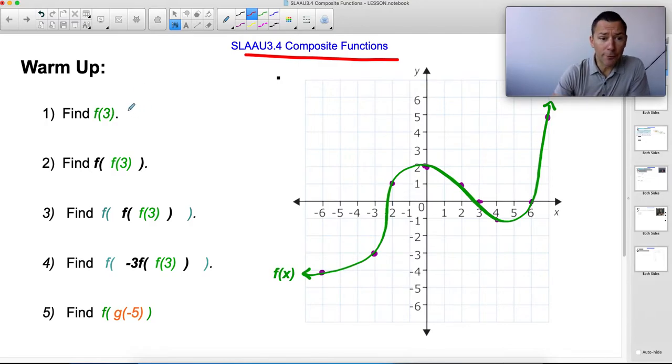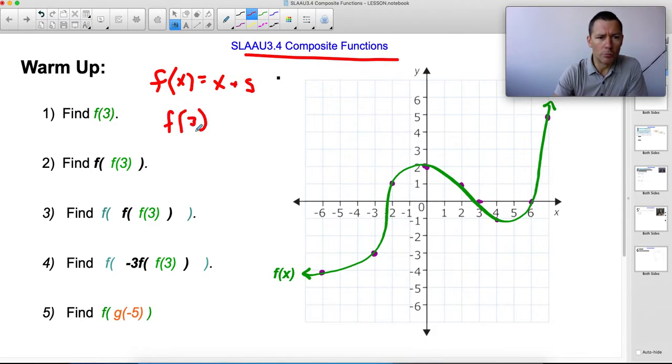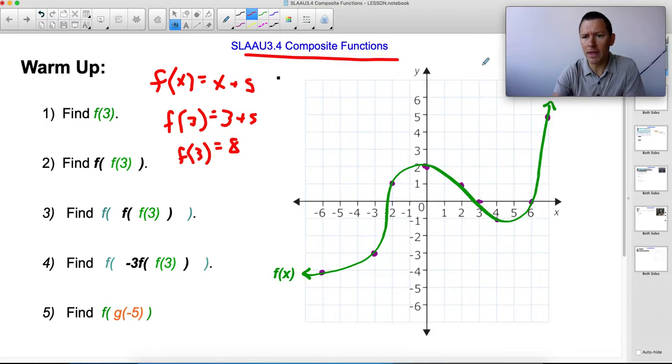Okay, f of 3 means into the function I put 3. If it were f of x equals x plus 5, then f of 3 would be 3 plus 5, and you'd get 8 out. Plotted, that's the point (3, 8): I put in 3, I got out 8.